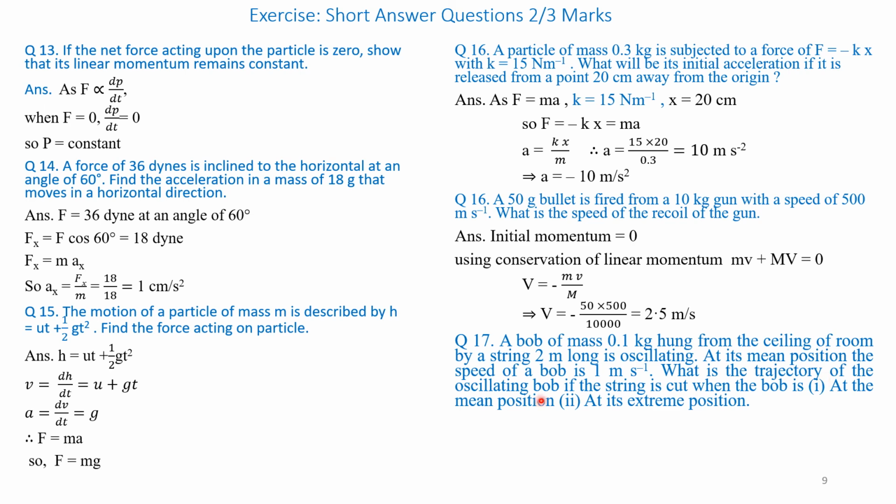What is the trajectory of the oscillating bob if the string is cut when the bob is 1, at the mean position, and 2, at its extreme position? Therefore, at its mean position, its trajectory is parabolic, and at its extreme position, it is vertically downwards.